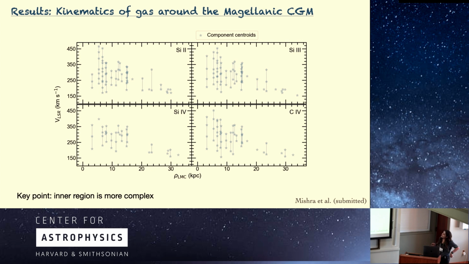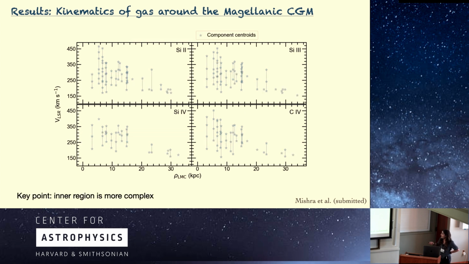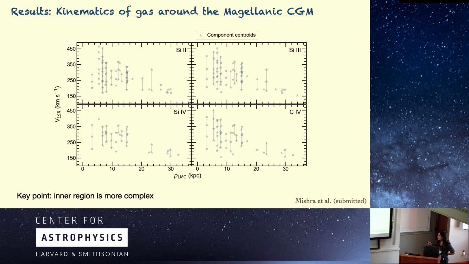What we find is that for all these phases, closer to the LMC the number of components is larger compared to the region far away from the LMC. So the inner region of the LMC CGM is more complex compared to the outer region.